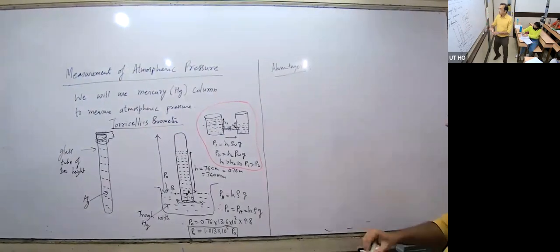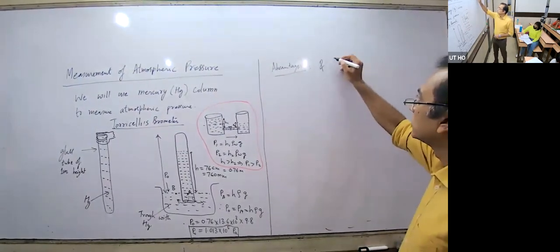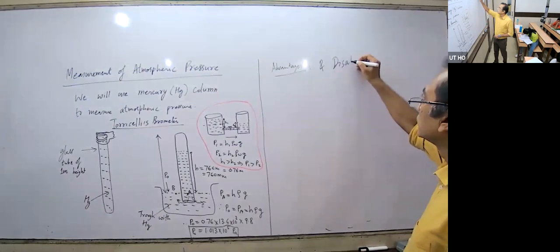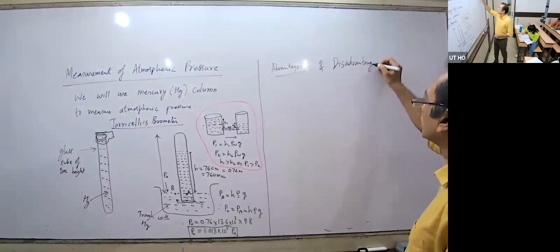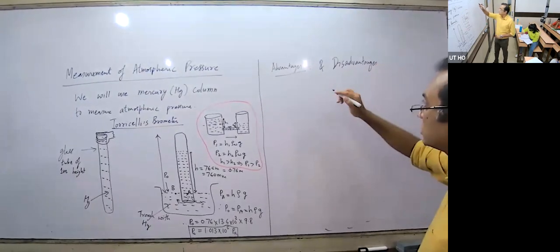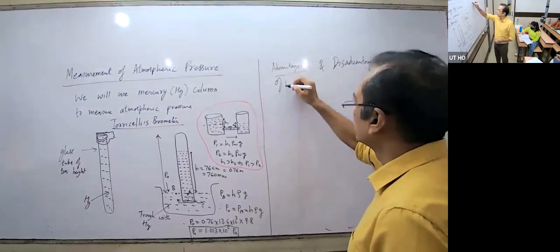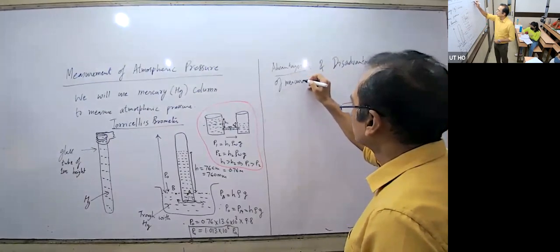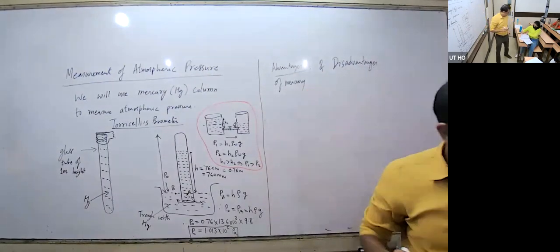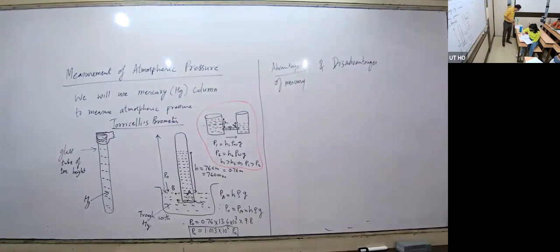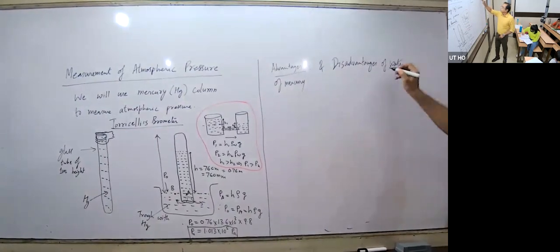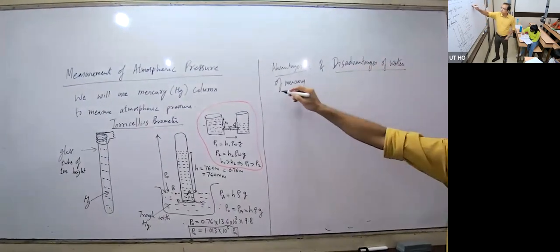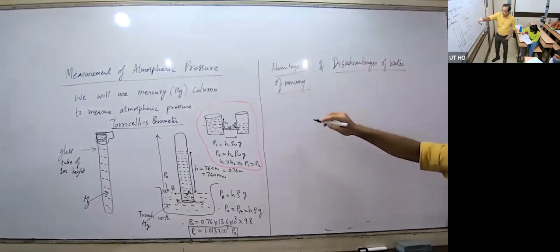So, are the advantages and disadvantages clear? Advantages of mercury and disadvantages of water. Here the height was 760.